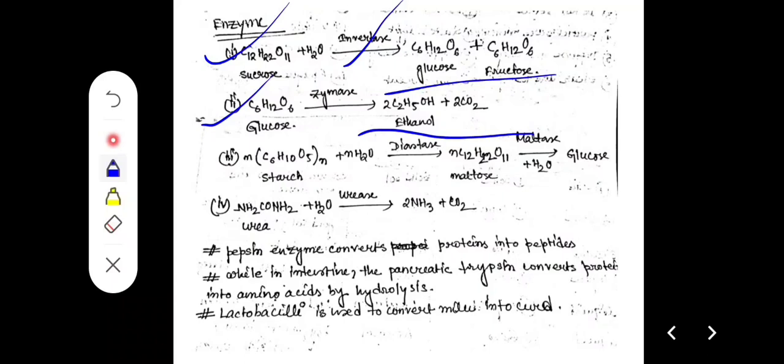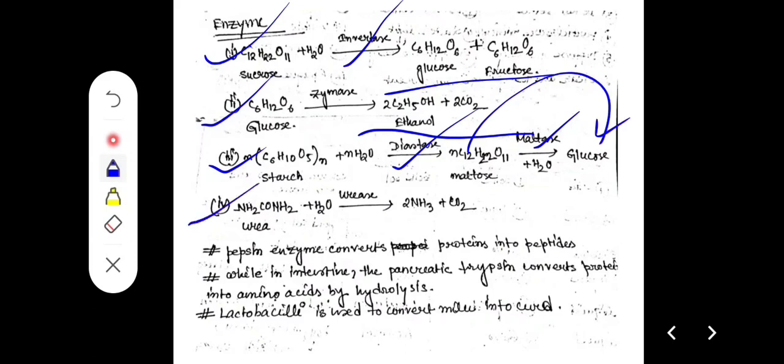And starch, (C6H10O5)n. n is the number of units present, and the repeating unit is C6H10O5. Plus nH2O reacts with diastase and produces maltose, C12H22O11. The formula of maltose and sucrose is the same, C12H22O11. When maltase reacts with maltose, it produces glucose.